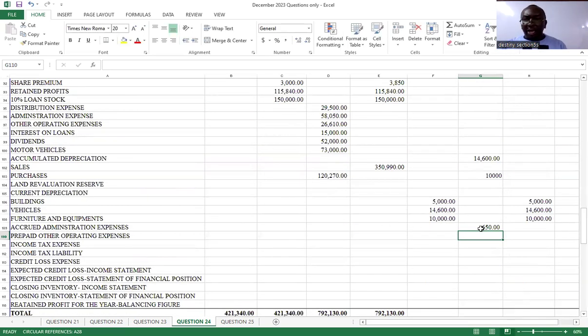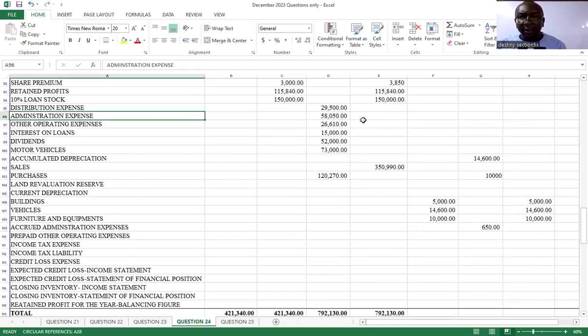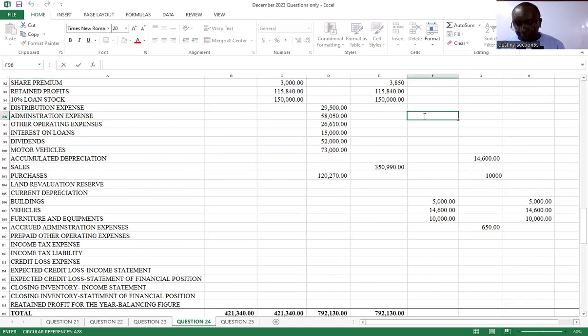Then I go to the administration expenses here. We debit them. So should be equal to. We debit there. Okay. And then how will that impact on our administration expenses?